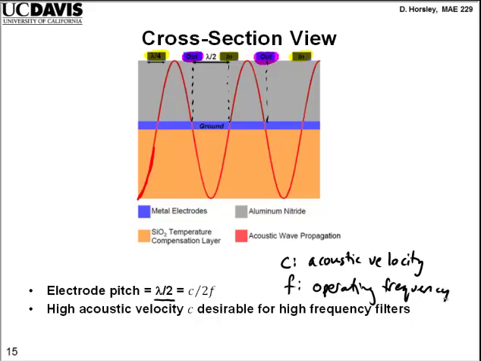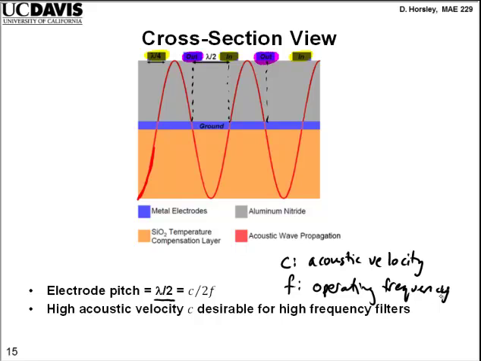So for a given operating frequency, if I know the acoustic velocity of my material, I can define where I want to put the electrodes. For a 2 gigahertz resonator in aluminum nitride, the acoustic wavelength is like 4 microns, so each electrode is about a micron wide.